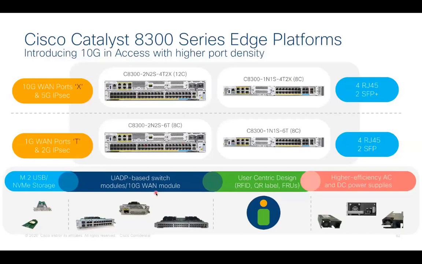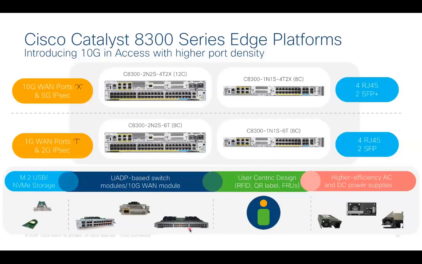Along with the platform, we have also introduced the next-gen WAN and layer 2 Ethernet switch modules. So we have introduced the 1-port 10 gig module that supports 1 gig and 10 gig speeds. And we also introduced the UADP 2.0 Dock ASIC-based layer 2 switch modules in 22 port and 50 port sizes.